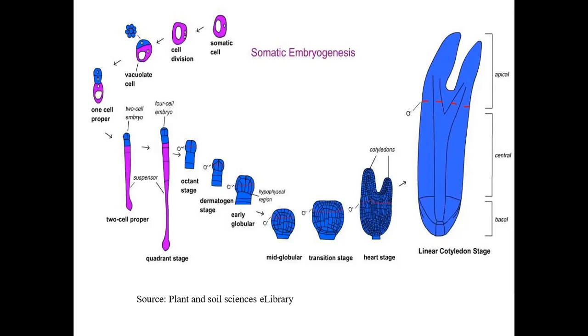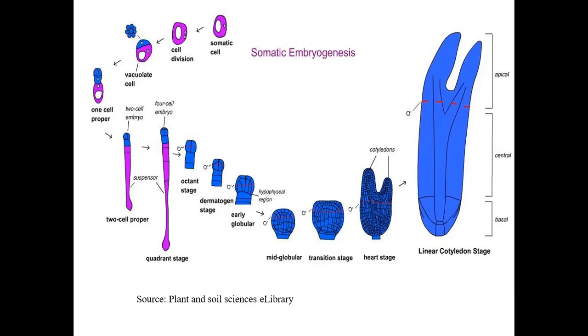Zygotic embryos are usually diploid, whereas somatic embryos may be haploid, diploid, or even triploid. Zygotic and somatic embryos share similar growth ontogenesis and tissue development, typically passing through globular, heart, torpedo, and cotyledonary stages. In monocots, they are called globular, scutellar, and coleoptilar stages.